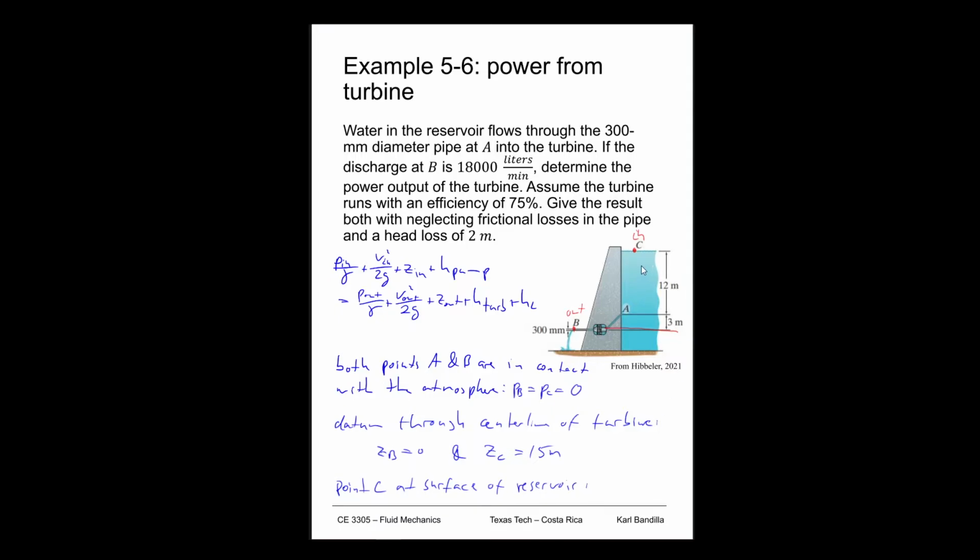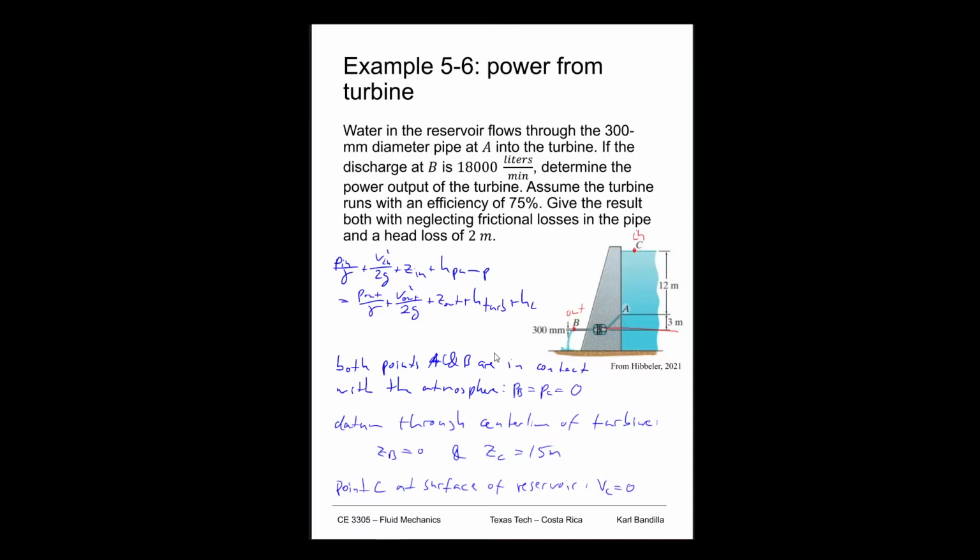So that means either the water level there is going to be constant or it's going to move very, very slow compared to the water that's flowing out. So we can say VC is equal to 0. I just realized that we said A and B up here. This should be, of course not A, but should be C. All right, so we have our velocity at C.